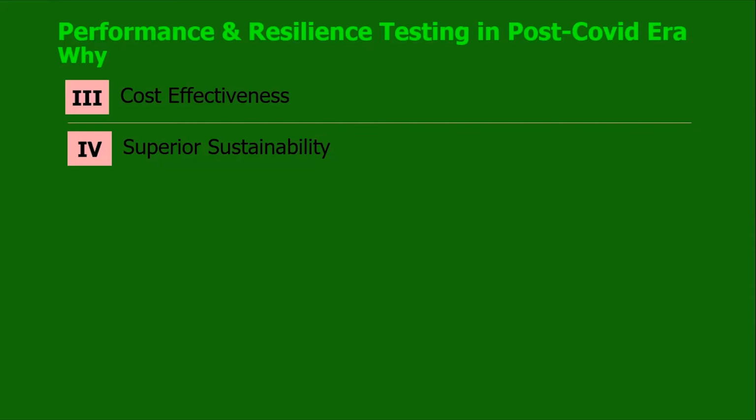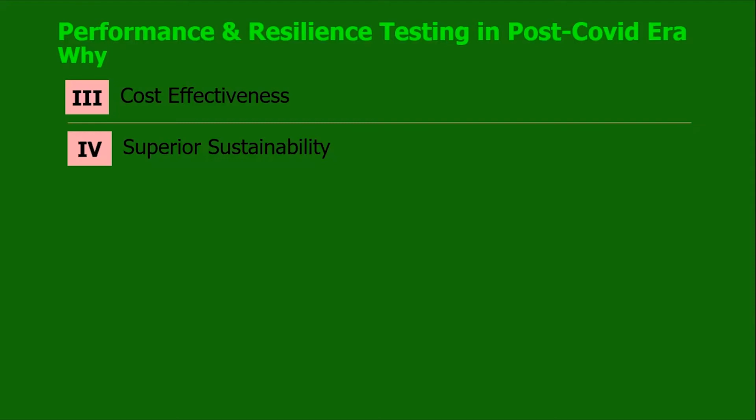Another way, the second way, is that the more optimized the server resources, the less energy they consume, which is also better for our environment. So you have to ensure you are optimizing the server resources, which you can do via performance and resiliency testing itself, right? So both ways, by optimizing the server resources and by using less data, or making your application faster, result in a lower carbon footprint, which is better for our environment, or superior sustainability, you can say that way.